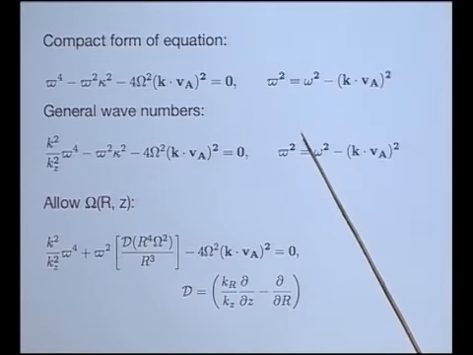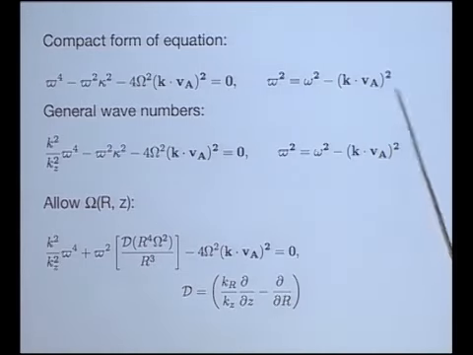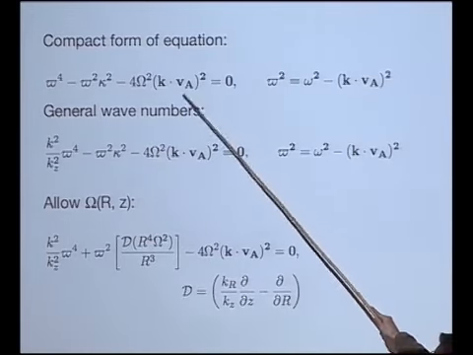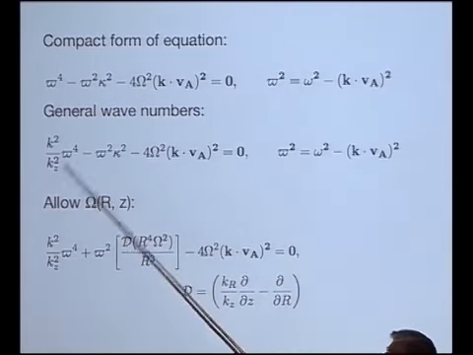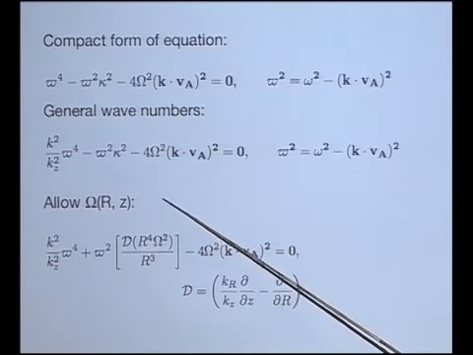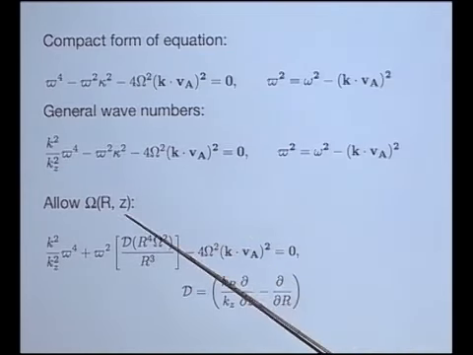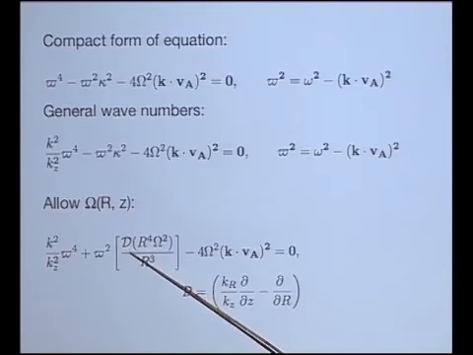So continuing with our evolution, I write the same equation in a more compact form. I'm introducing this variable omega bar, or curly pi, or whatever you'd like to call it, which is omega squared minus k dot VA squared. I take the next step, which is to put in more general wave numbers and introduce only this geometrical factor of k squared over k squared z.